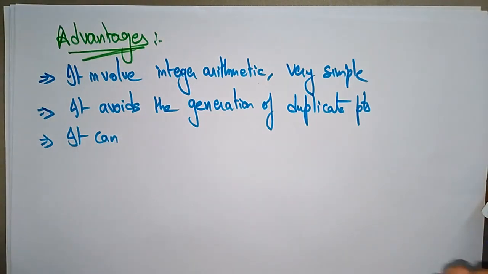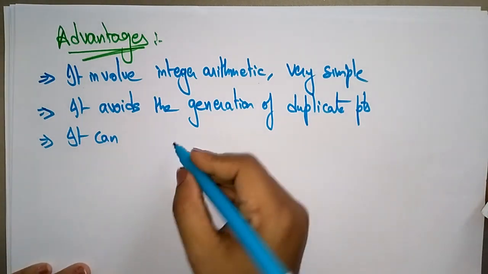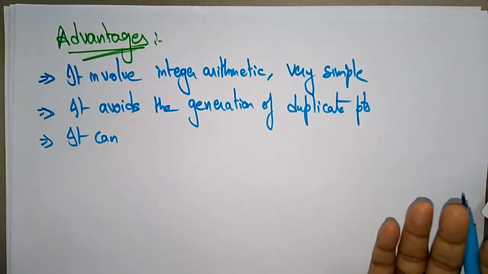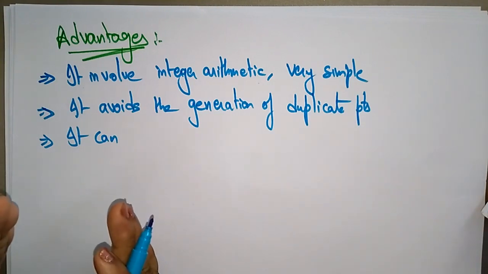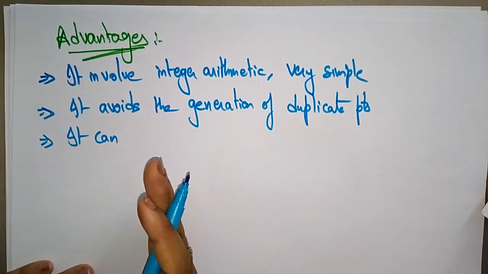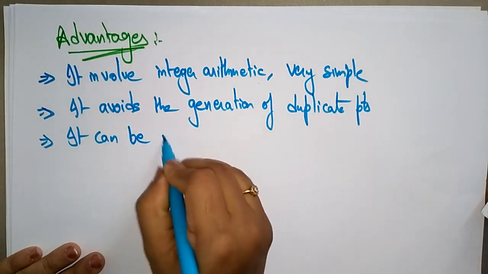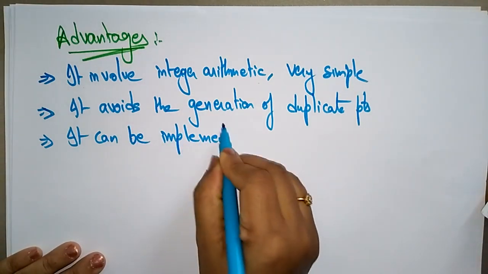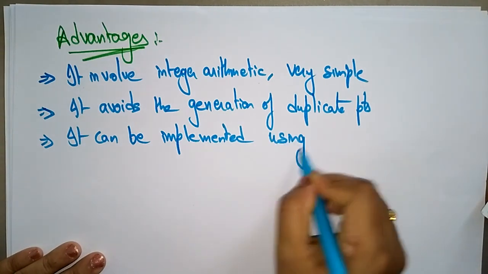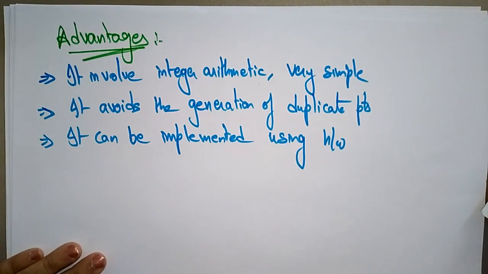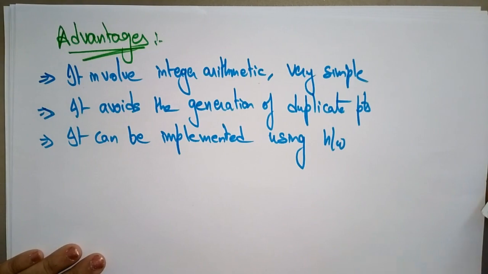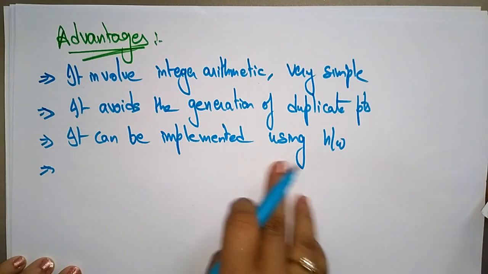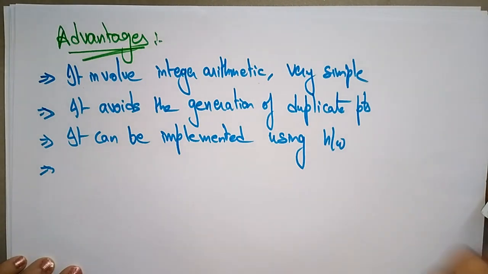In DDA you can't apply this hardware technique; you can use the DDA algorithm only for software purposes, but the Bresenham's line algorithm can be implemented using hardware also, not only software. So why can it be implemented using hardware? Because it does not use division.